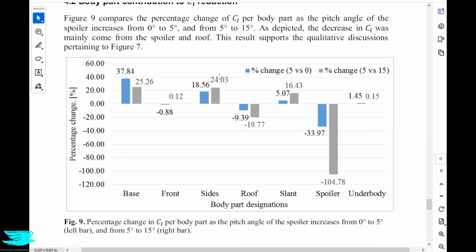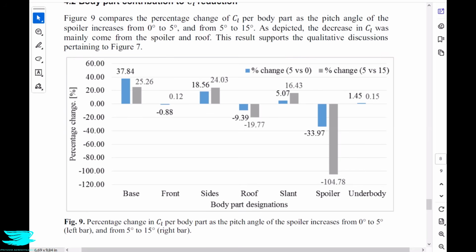And actually the slant is the only one that is producing this downforce compared to the base, because the slant is now in a direction where the normal vector off of the slant is somewhat in the lift direction. So it can contribute to the lift direction. The base can't do that, it's vertical. The sides are also likely in error as well because they're vertical too.